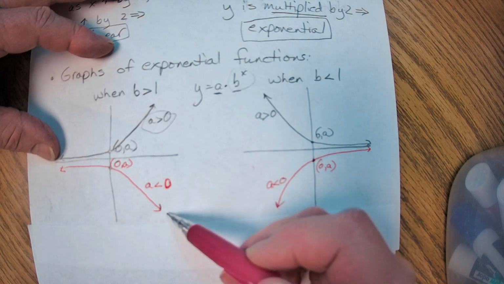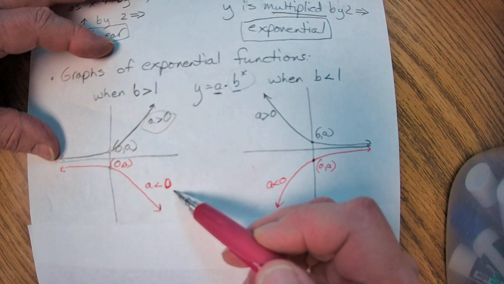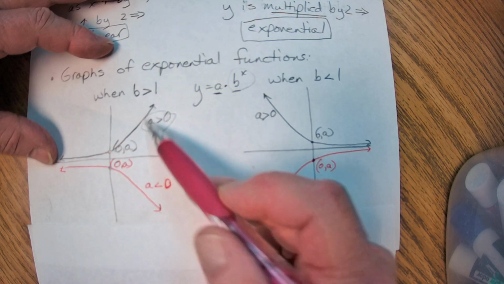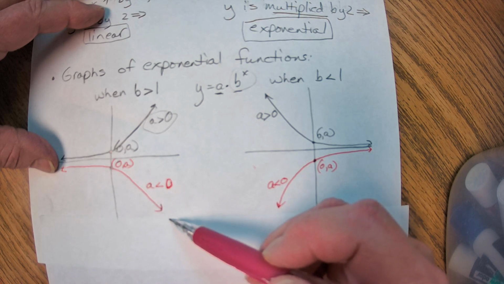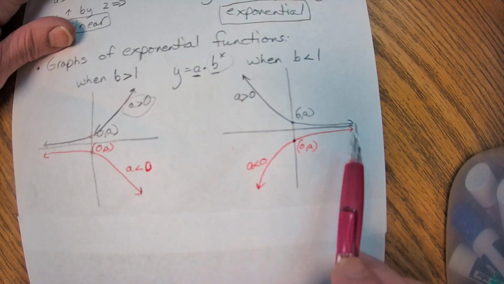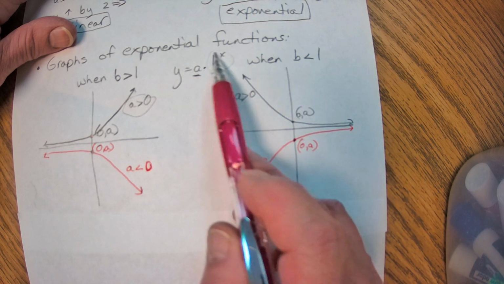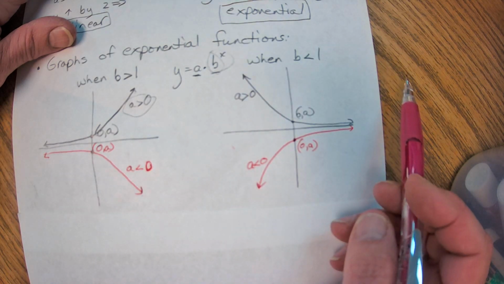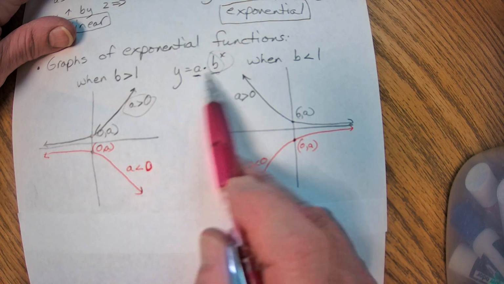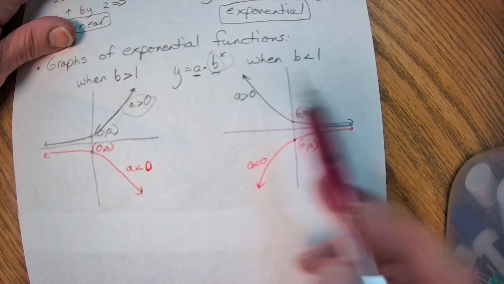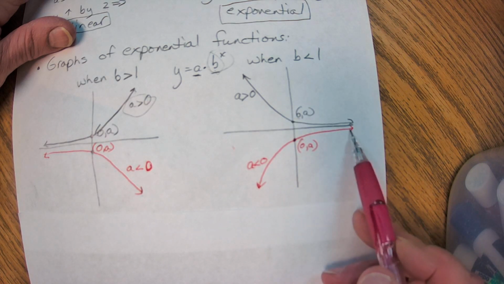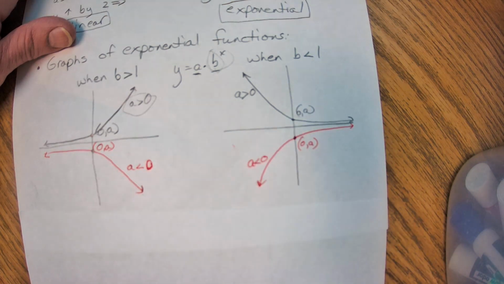If a is negative, in other words less than 0, it's going to be a reflection of this graph over the x-axis, so it's going to be going down like that. And these are the graphs when a is negative. So again, if the number that we're multiplying by is greater than 0, it looks like this. And if it's less than 0, negative, it looks like that.